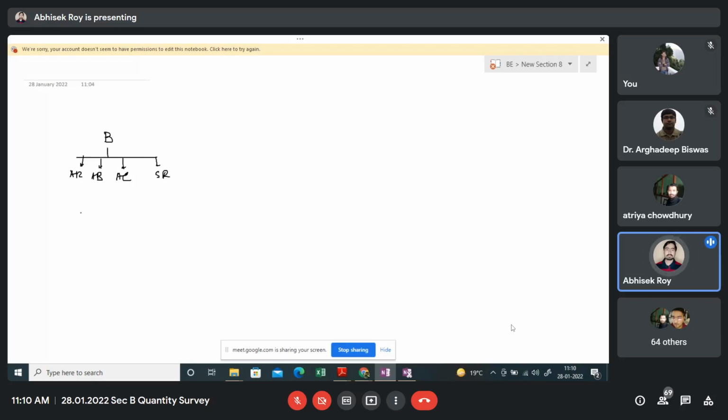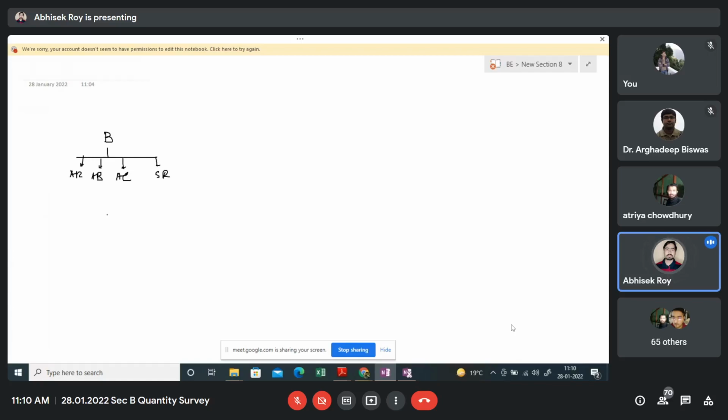Before that, you have to calculate each and every item, and analyze how much cost will be involved in that project. Because if you are not able to calculate the approximate cost, then what will happen? You can't fix a budget for the project, right?